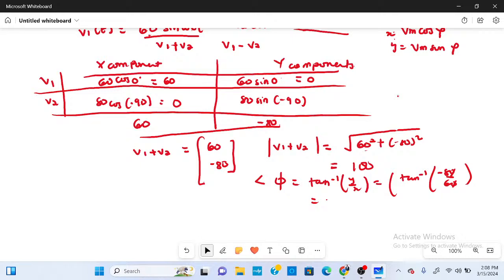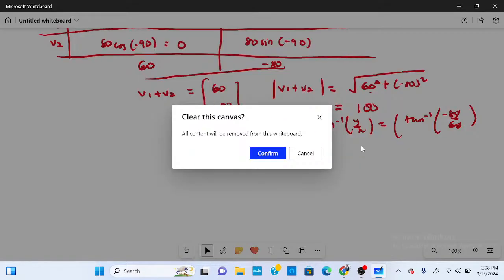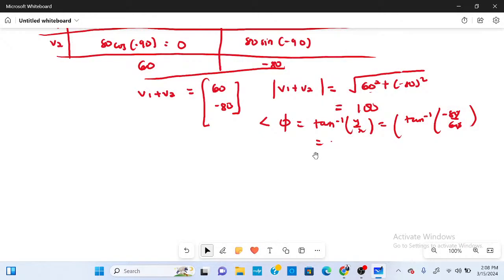So let's see something here. For the angle, before we find the angle, this is what you're going to do.